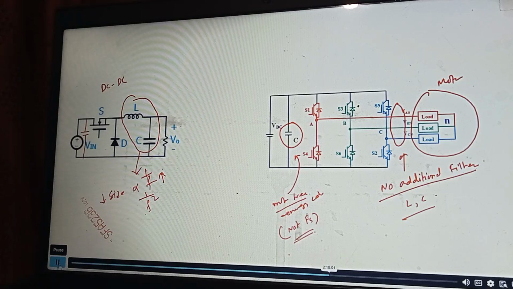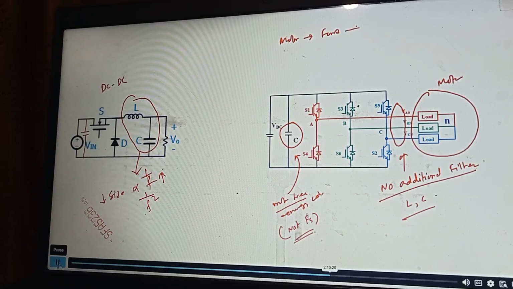So there is not much benefit of increasing switching frequency to a very high value. That's why you see the motor controller generally will be operated at a moderate switching frequency, because it has to be at least 21 times higher than the motor frequency, right? Just take an example. Let's say you are selecting a motor of fundamental frequency 100 Hertz.